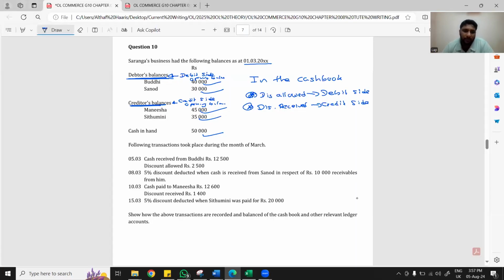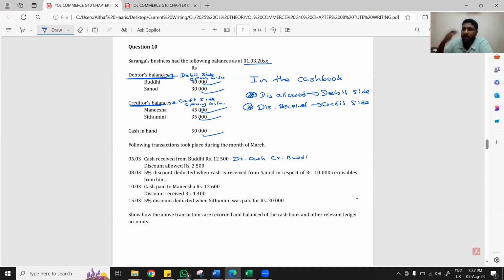First one, cash received from Buddhi, 12,500. If you receive cash, what will be the double entry? Debit the cash, credit Buddhi, because Buddhi is a current asset.